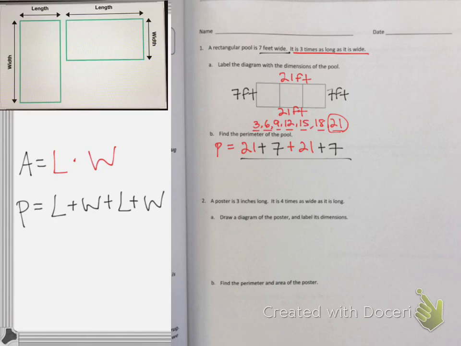All right, let's go on to 2A. We have a poster, and it's 3 inches long. So its length is 3 inches. So I'm going to be making a poster. There we go. So there's my poster. And my poster is 3 inches long.